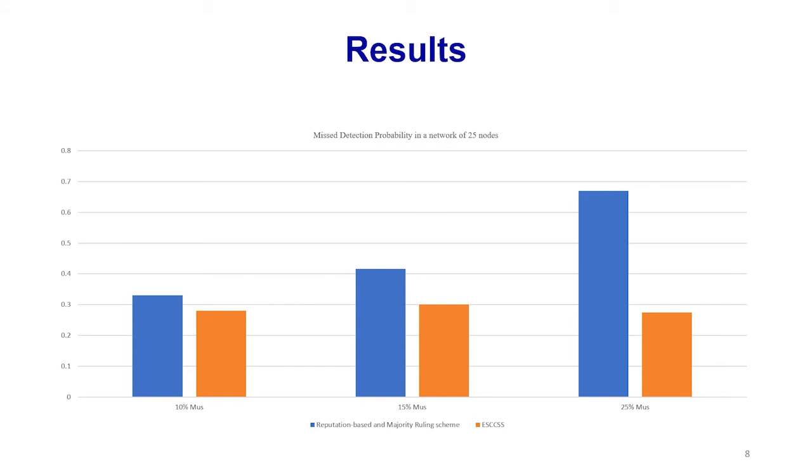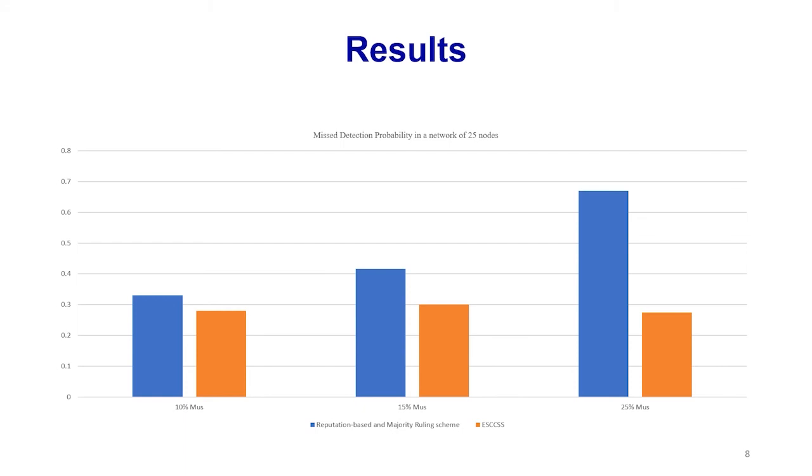So in a network with lots of malicious users, their performance deteriorates in the fastest manner compared to ESCCSS.